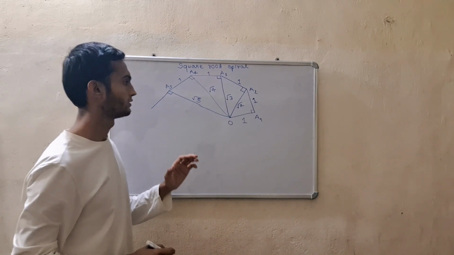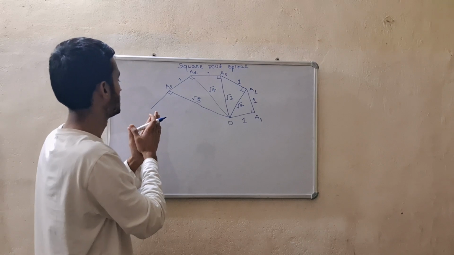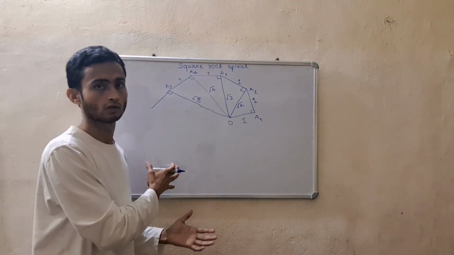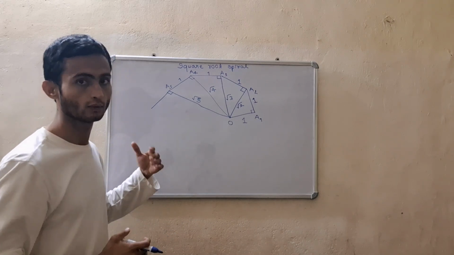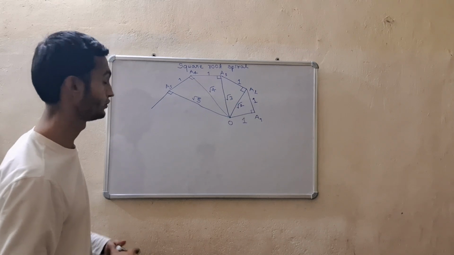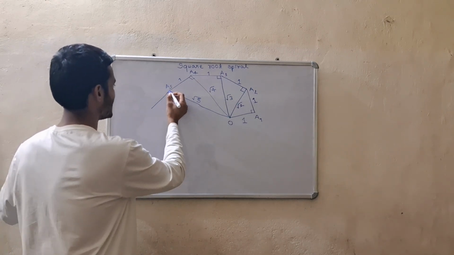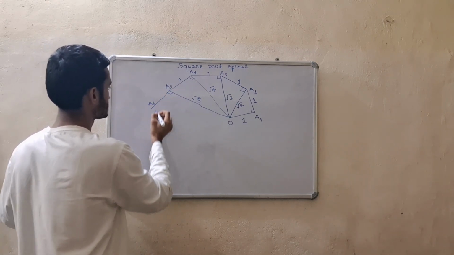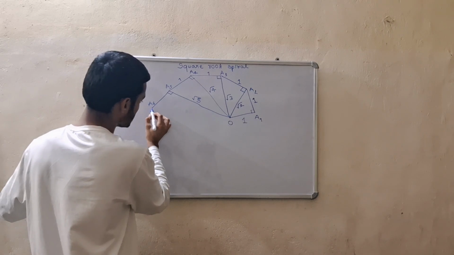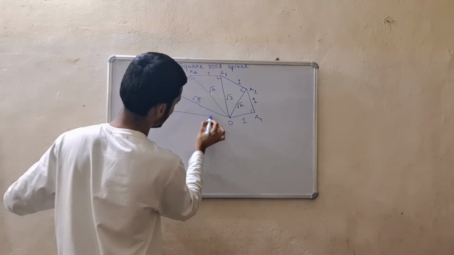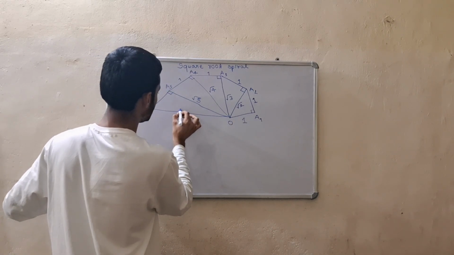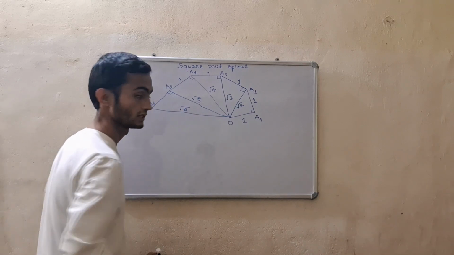This is not exactly perpendicular because I'm drawing this on a board, but you get the idea what we are up to. So this is A5 and let's name it A6, and then join A6 to O, the starting point. Now this is of length square root of 6.